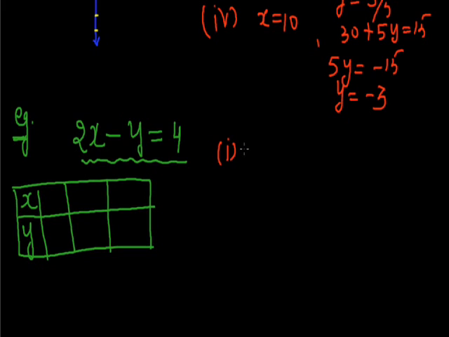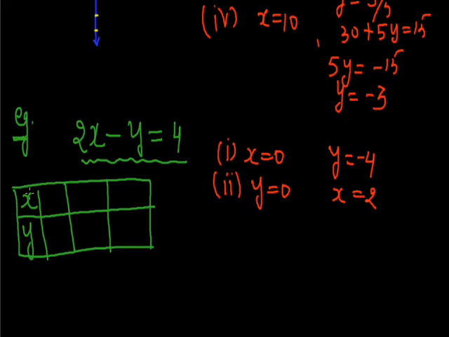Initially, we try with x equals to 0 and we get that y equals to minus 4. When we try y equals to 0, we are getting x equals to 2. So the points are when x was 0, y is minus 4.